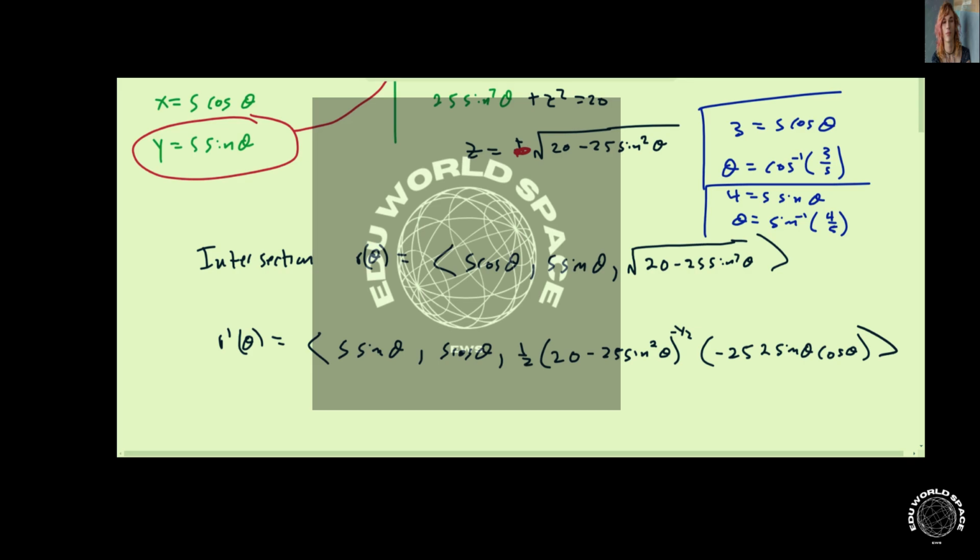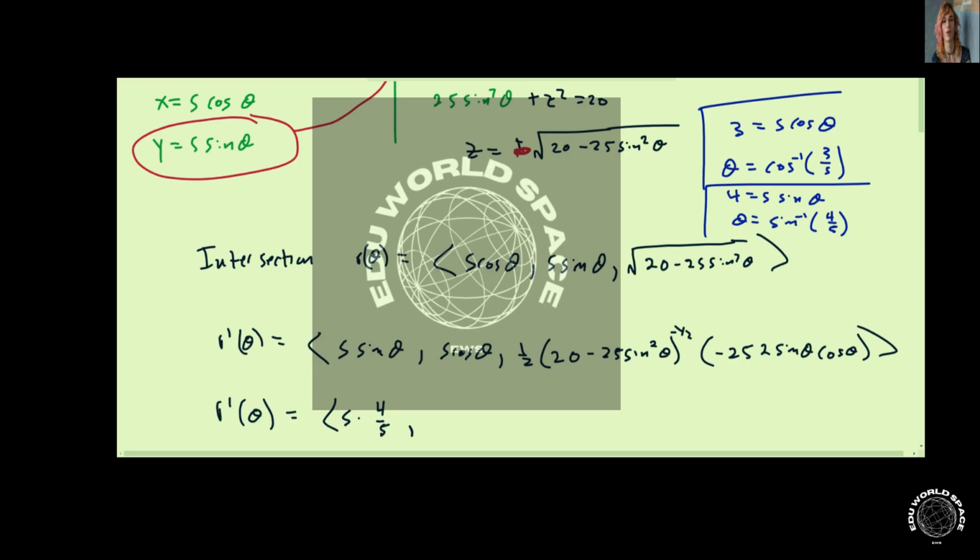Now we can plug in theta being cosine inverse of 3/5 or sine inverse of 4/5. So sine of theta is 4/5, so this would be negative 5 times 4/5.